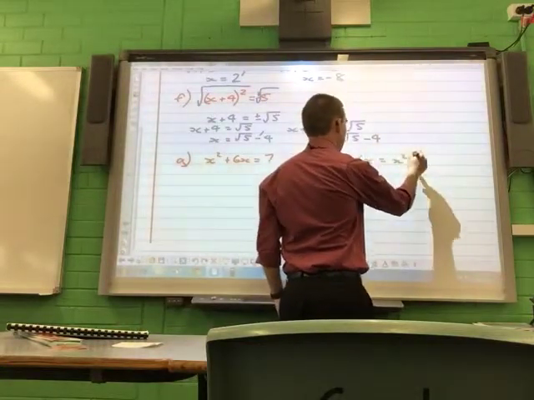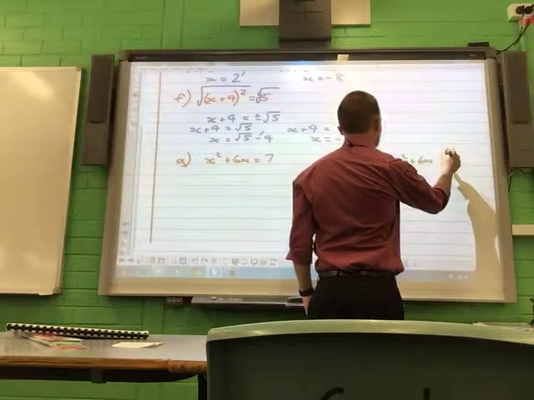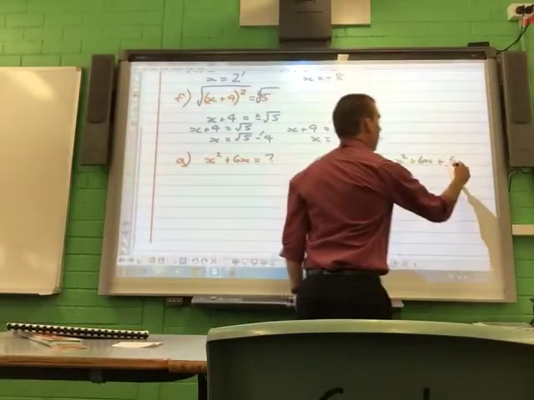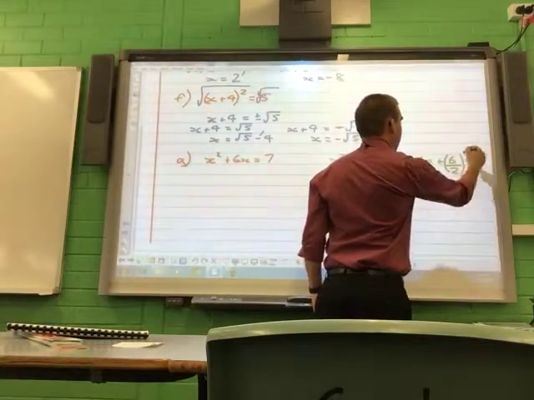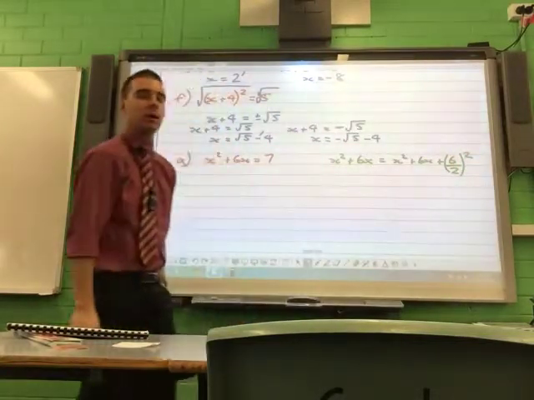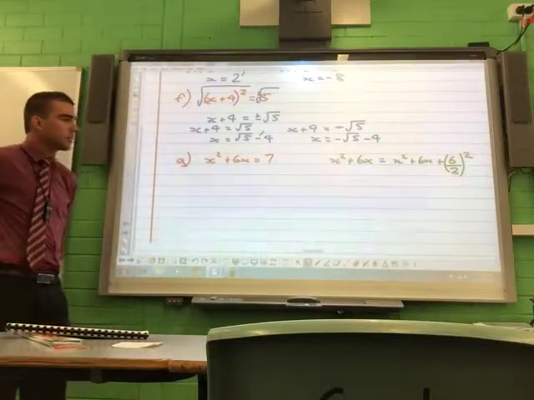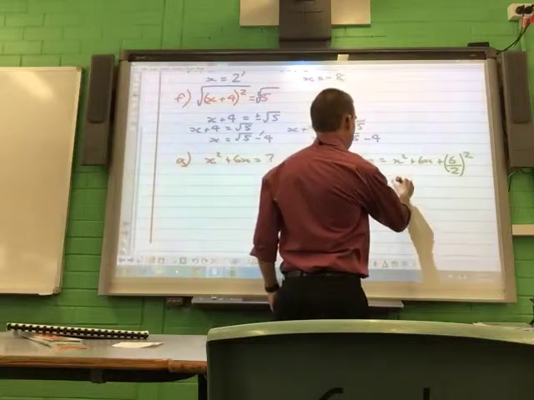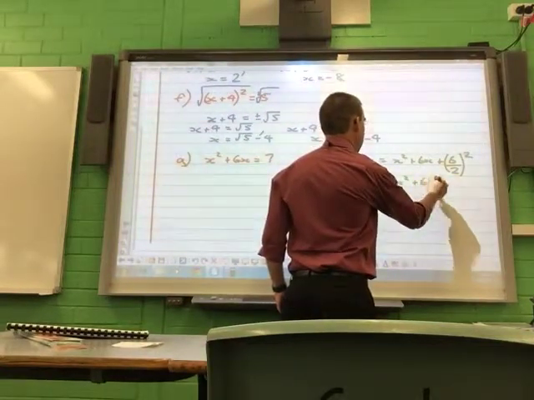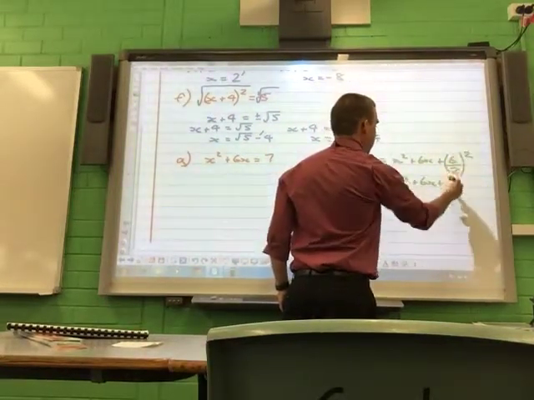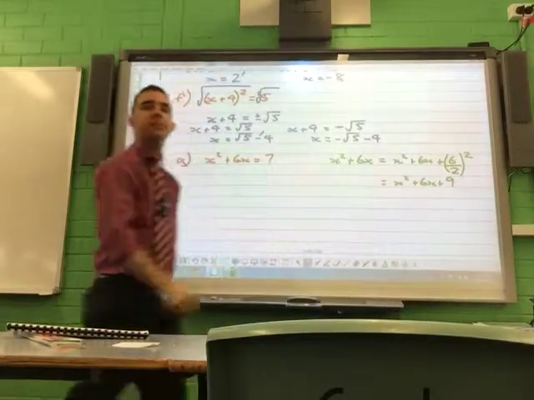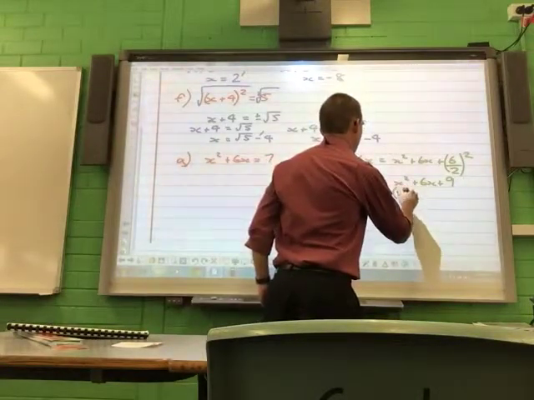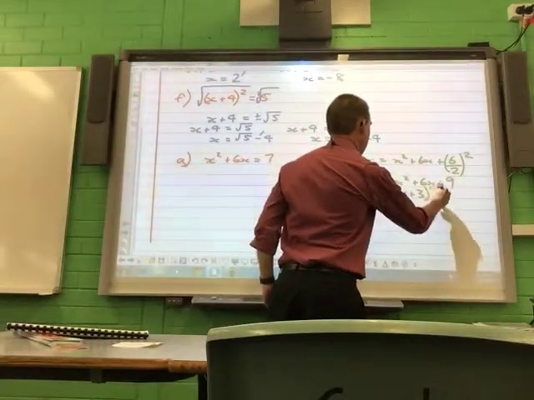So it'll be x squared plus 6x plus, 6 being the coefficient of the x term, we're going to half it and then square the result. 6 divided by 2 is 3, 3 squared is 9. And then we factorise. So the result will be x plus 3 all squared.